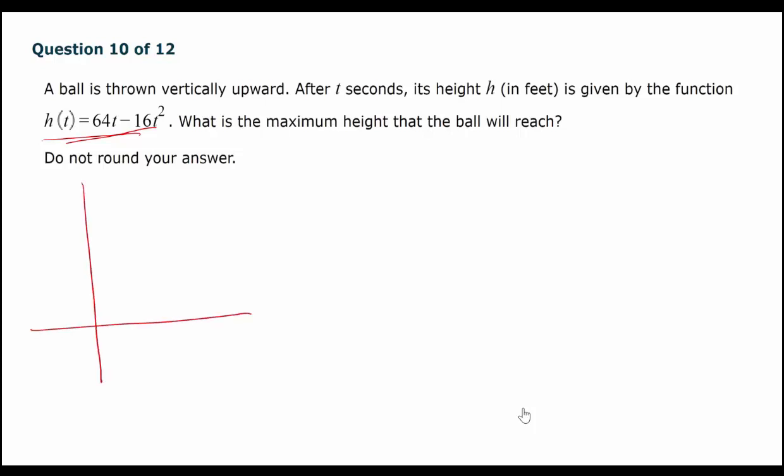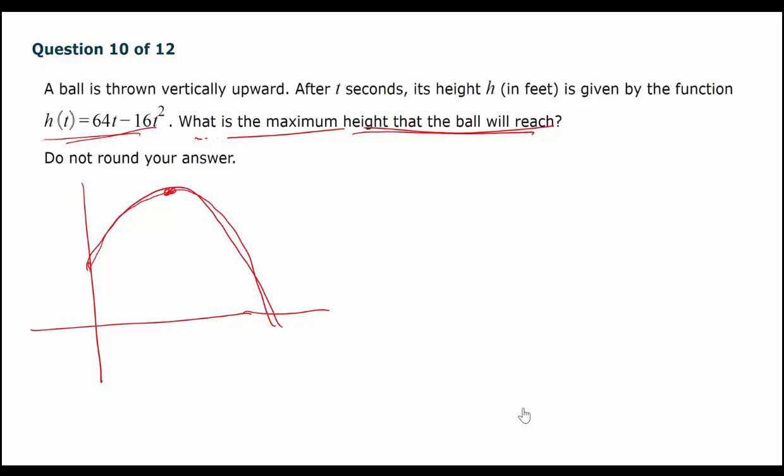Simply just think, if you are throwing a ball standing somewhere, the ball will go up and then eventually it will come to the ground. And what you are looking for is the maximum height the ball will reach. So the graph will be like a parabola. You can see you are looking for the vertex.